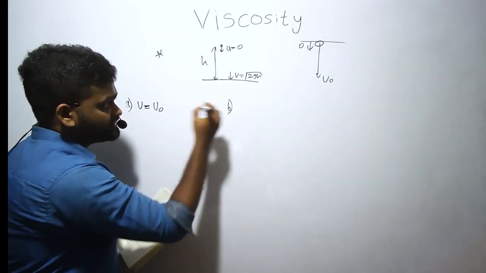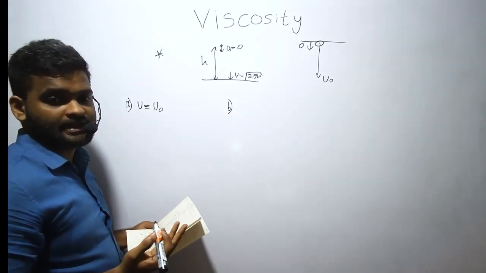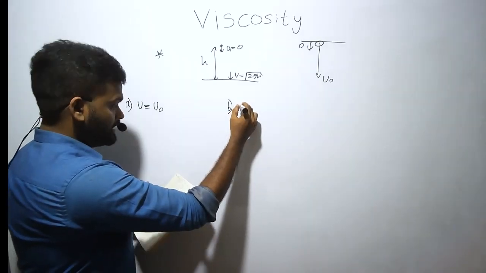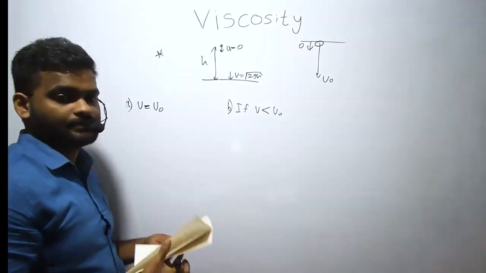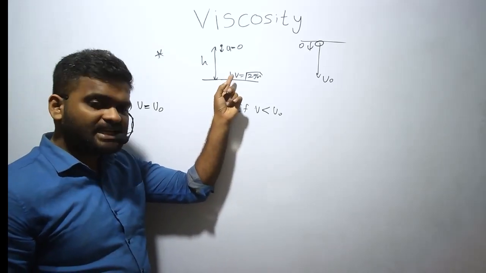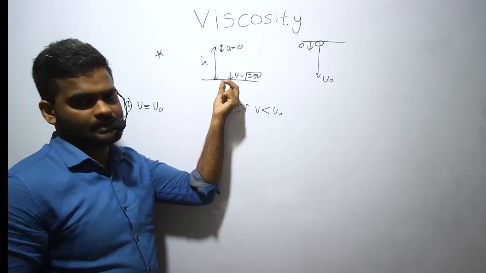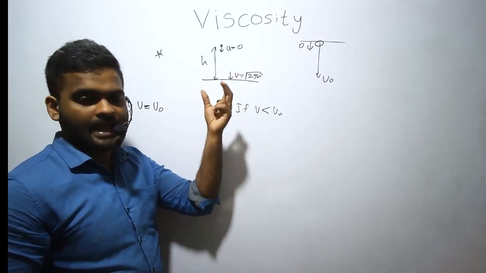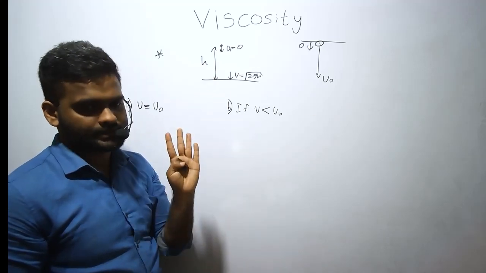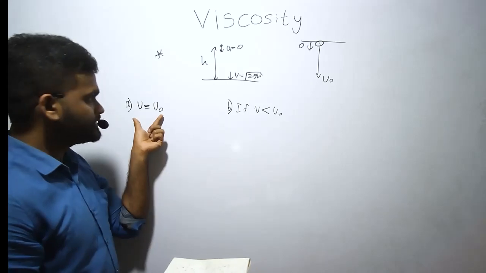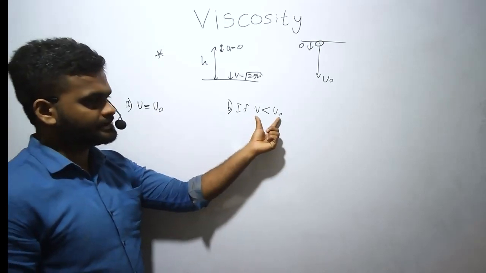Then we can think about case B, another scenario. If v is less than v naught, this v could be less than terminal velocity. Somehow at the end, everything has to gain the terminal velocity, right? Here it is already gained. Here it is not gained.